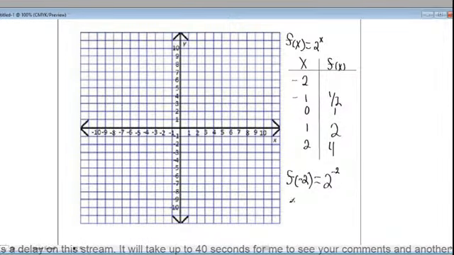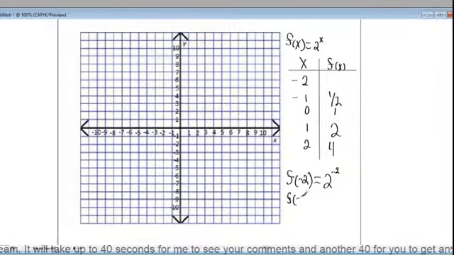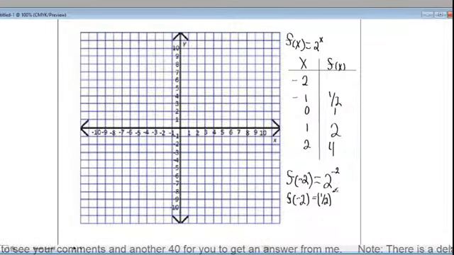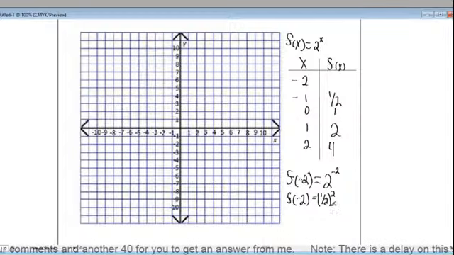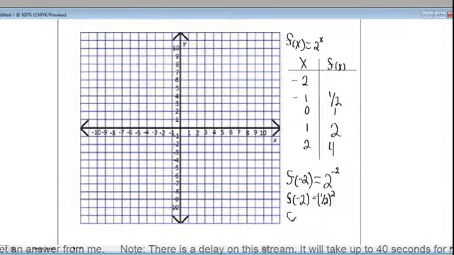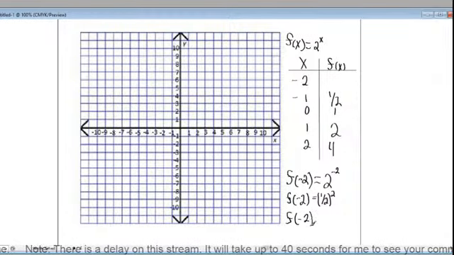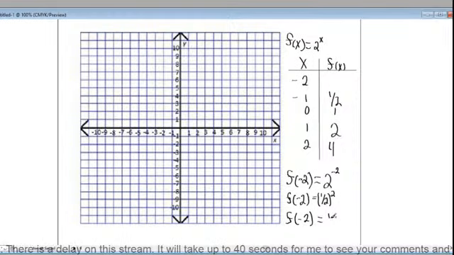Again, it's going to take the reciprocal, so this will be f of negative 2 equals 1/2 squared, and 1/2 squared means 1/2 times 1/2. So multiply the tops and multiply the bottoms. 1 times 1 is 1, 2 times 2 is 4. So f of negative 2 equals 1/4.